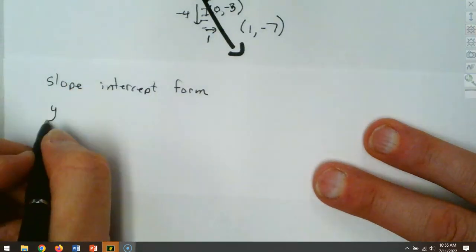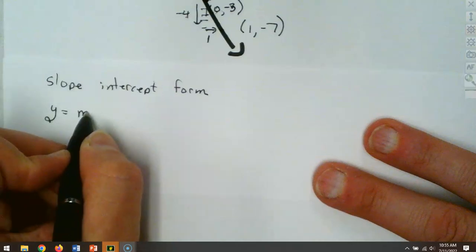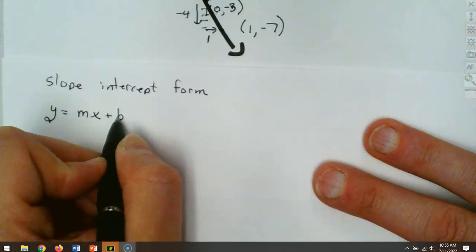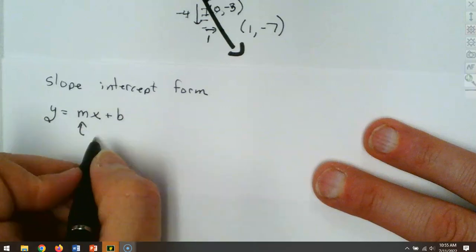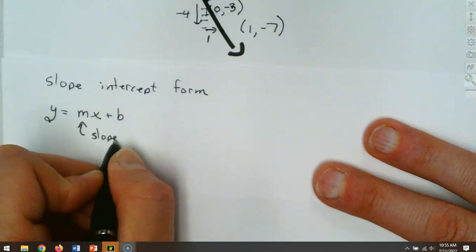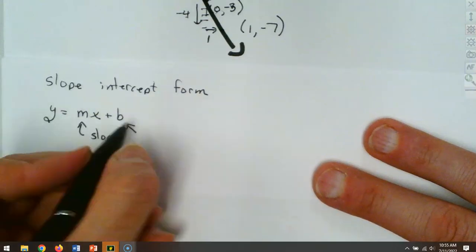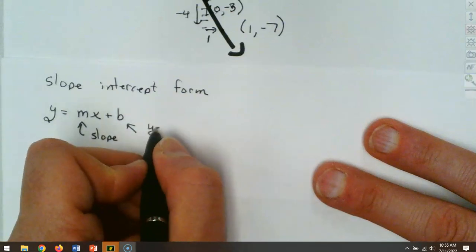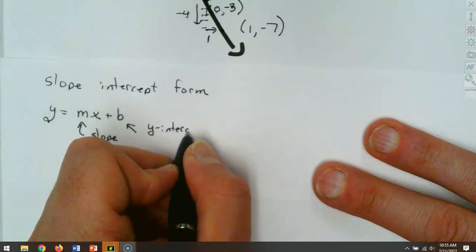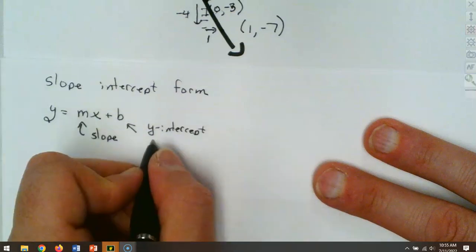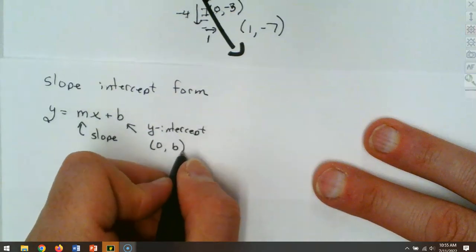And the slope-intercept form is y equals mx plus b. And the m represents the slope. And the b represents your y-intercept. And that's 0, comma, b.